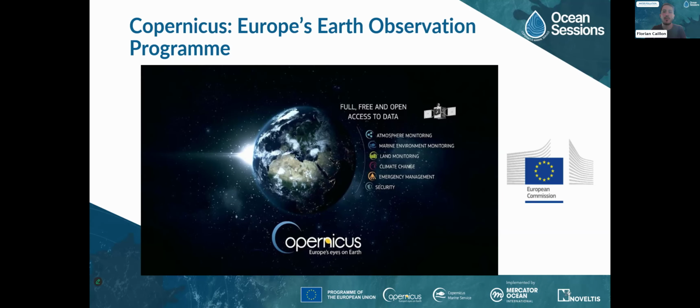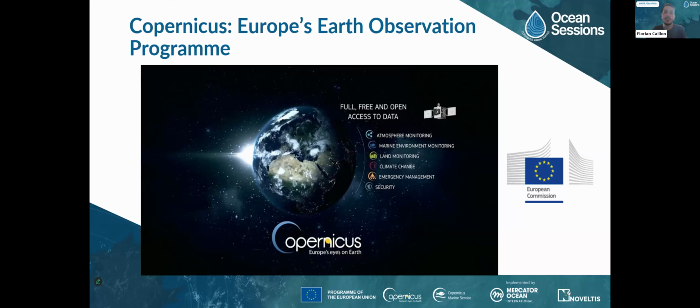Copernicus is the European Union's Earth observation program. Launched in 2012, it has grown into one of the world's leading sources of operational environmental data. Its mission is to monitor our planet and provide insights into how Earth systems are changing over time. To achieve this, Copernicus provides free and open data along with information covering the atmosphere, oceans, land, climate change, emergency management, and security.